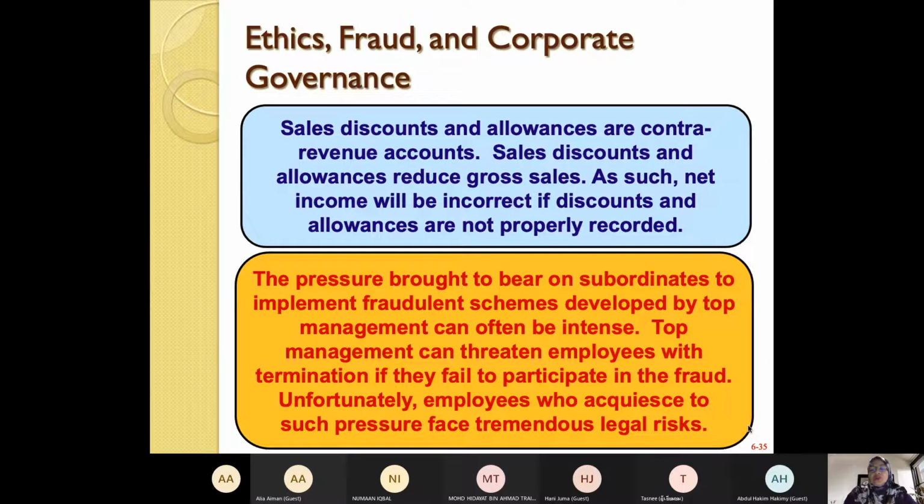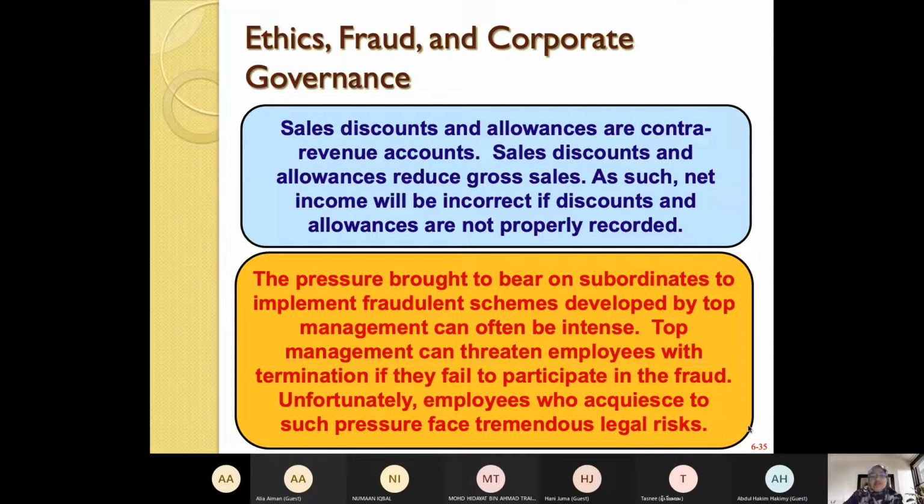All right, so there's always an issue of ethics where the management wants to show a good presentation, for example a good profit and good sales to the external parties. In order to show that, sometimes they do not want to record the sales discounts or show all the allowances given.